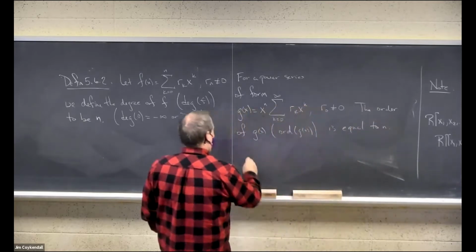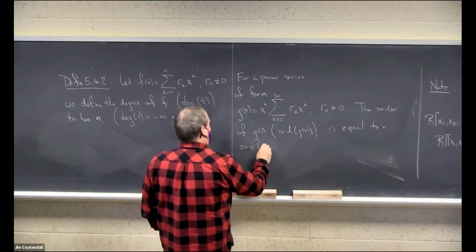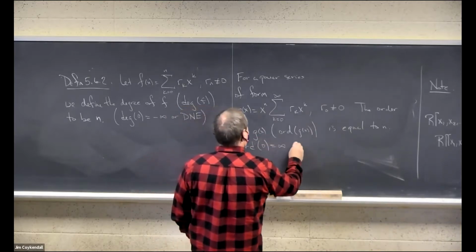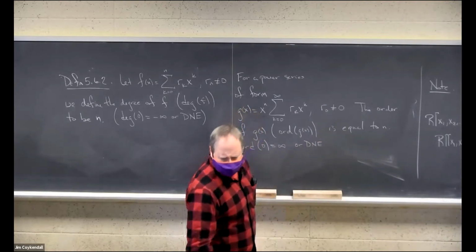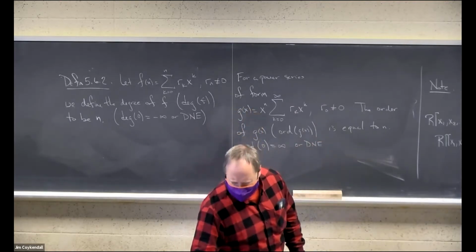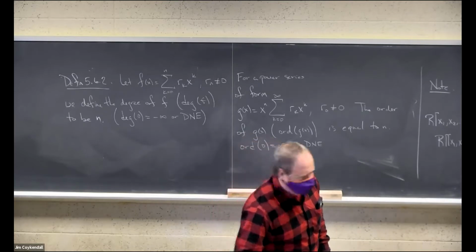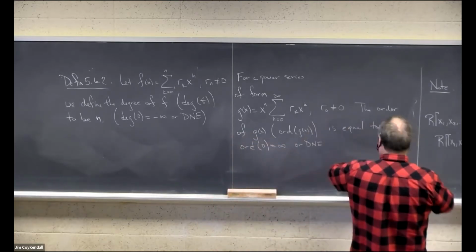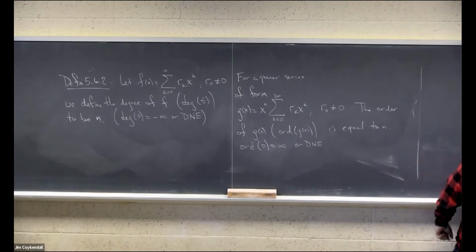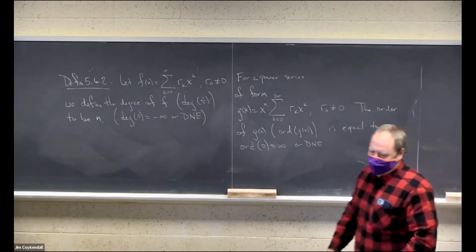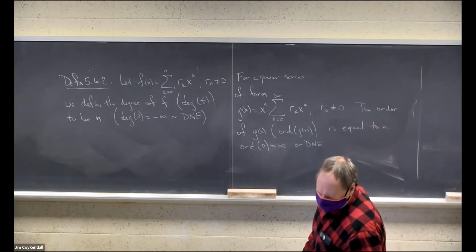And we will say that the order of 0 is infinity. But I think that those two will jive well with this next proposition. Let me get this written down and see if it makes sense. Let's check our order and degree of 0 case.